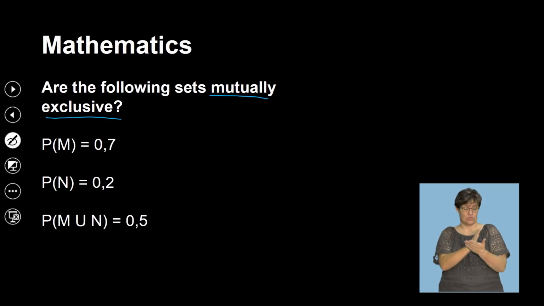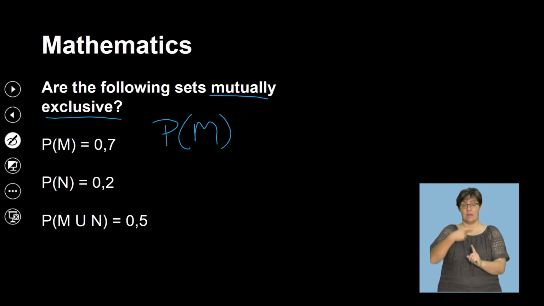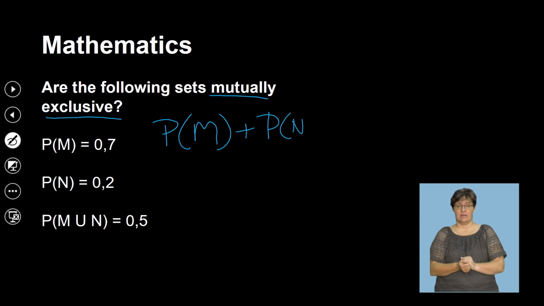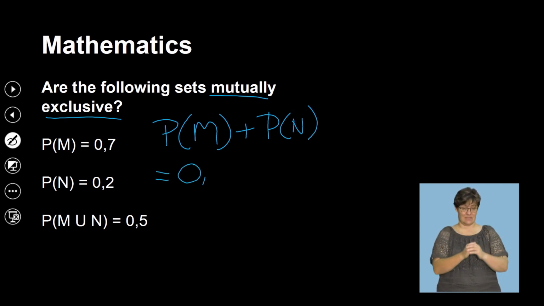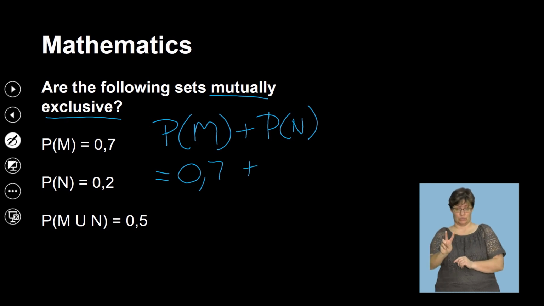So let's make sure that we've got this clear. So for mutually exclusive sets, we can say, let's take the probability of M happening plus the probability of N happening, and we can say that's 0,7 plus 0,2. And look what we get. We get an answer of 0,9.